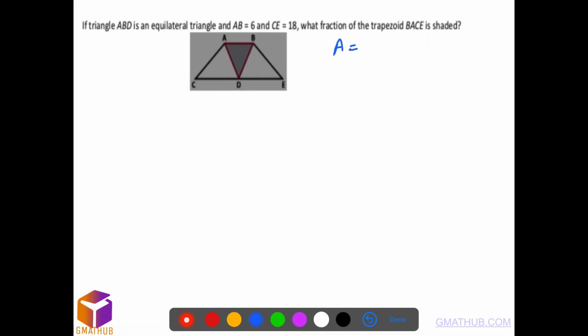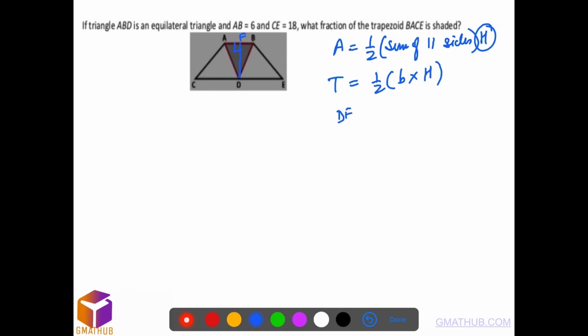Area of a trapezium is given as half sum of parallel sides into height. Okay, area of triangle is given as half base into height. In this question, if you drop a perpendicular from point D to AB, let's call it F, DF will be height for both triangle as well as trapezium.